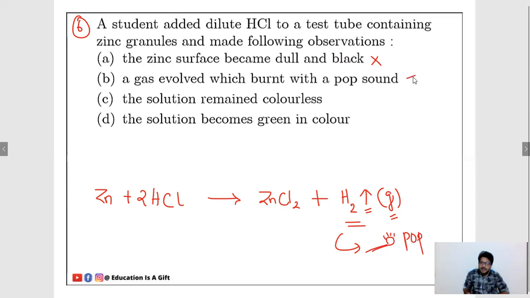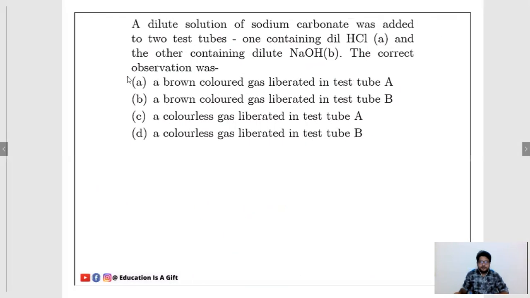Yes, we can consider this. Let us see the other options. The solution remained colorless? No, this solution will not be colorless. It will be somewhat pale yellow in color. So this is not the answer. The solution becomes green in color? No, it is not green. So the only option left is B, a gas evolved which burnt with pop sound.